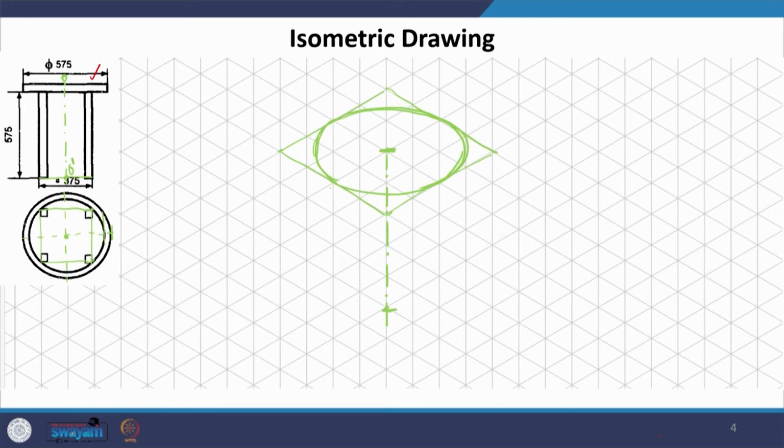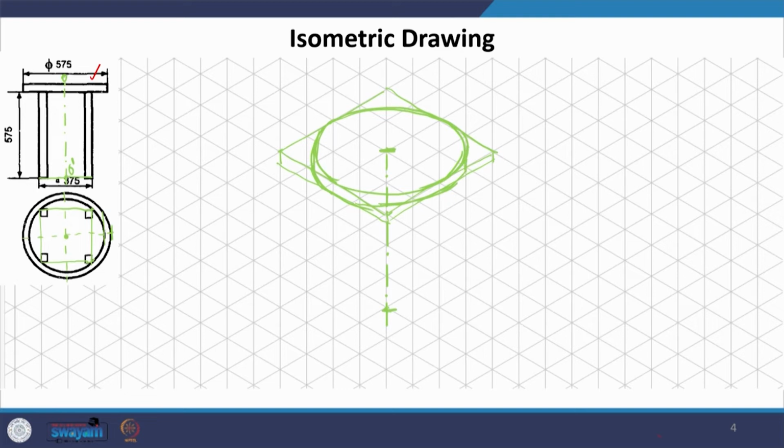This is a cylinder. We can draw another one, or you could just make it parallel to this one. So, we will have another one which is going to be drawn parallel. So, this is the top one.